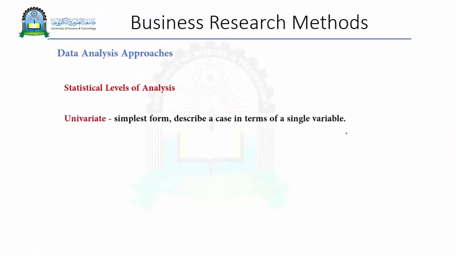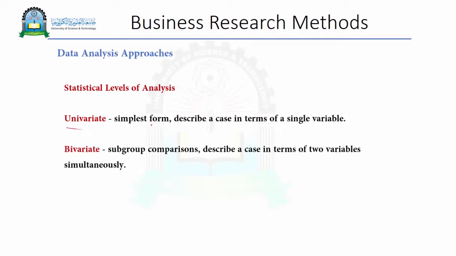The statistical level of analysis: we have different levels of analyzing the data. The first one is univariate, which is the simplest form, describing a case in terms of a single variable. Also bivariate, in which we have subgroup comparison, describing a case in terms of two variables simultaneously.